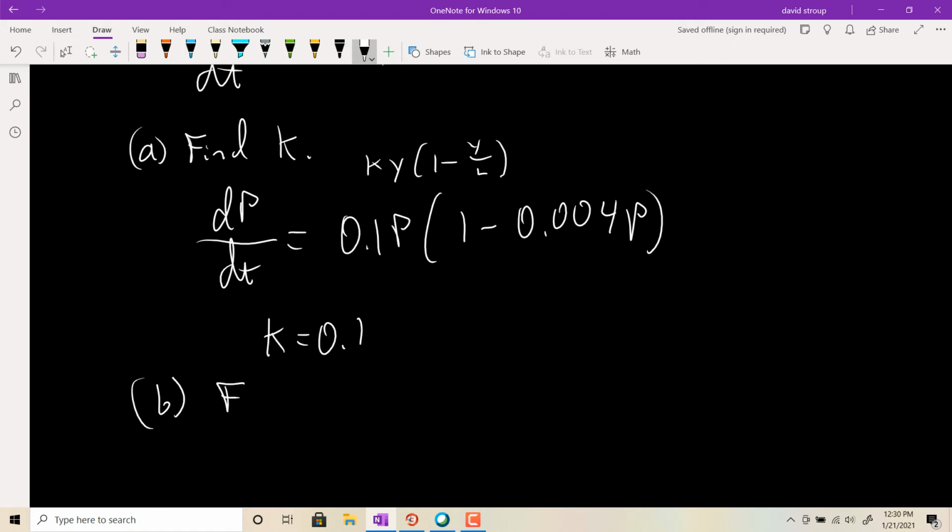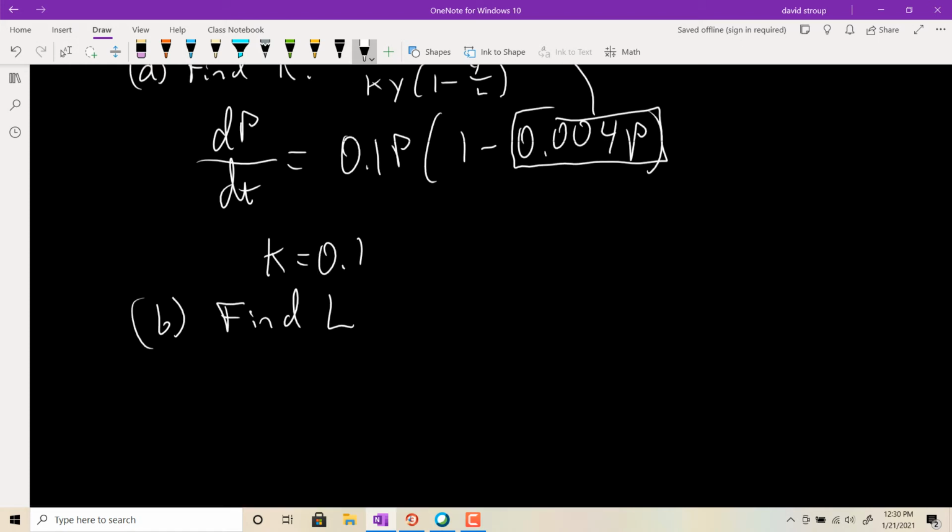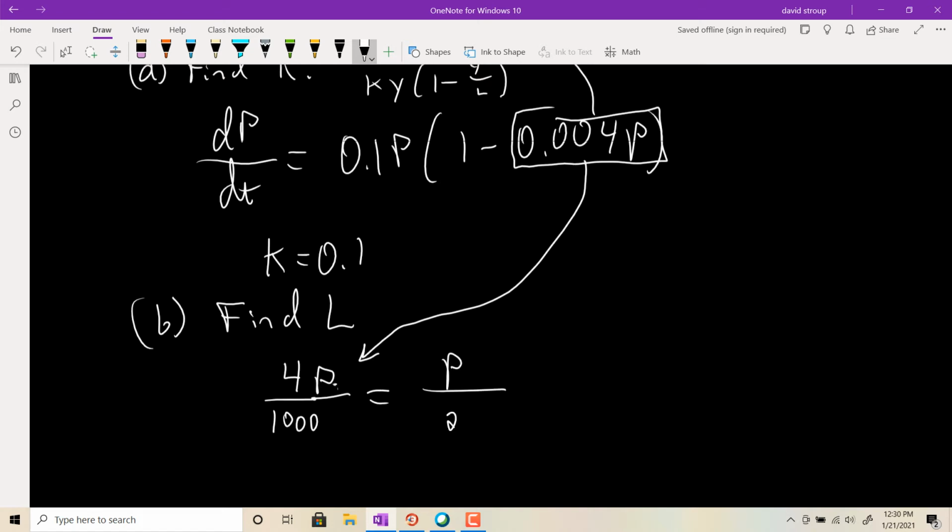For B, find L. I should be able to use this to determine L, right? So I note that 0.004 is the same as 4 1,000ths. So this thing can be rewritten as 4 1,000ths p, or 4p over 1,000. And of course that's just p over 250 if you simplify. So the L must be 250.